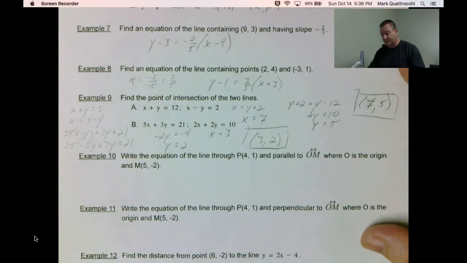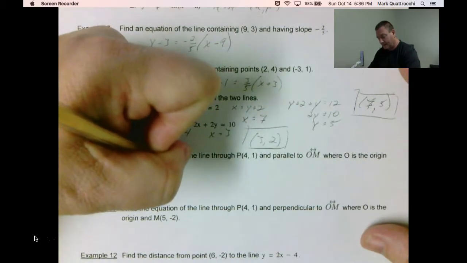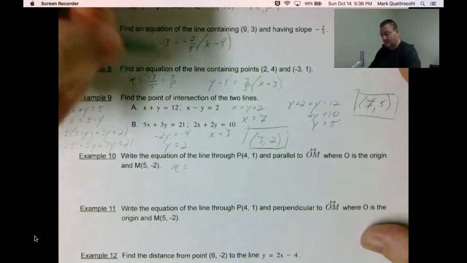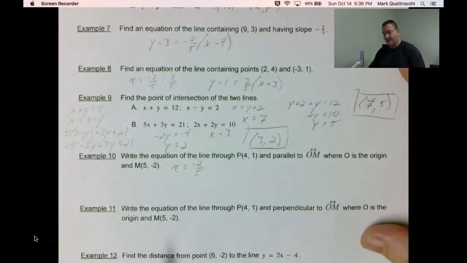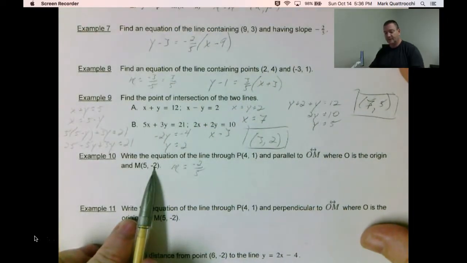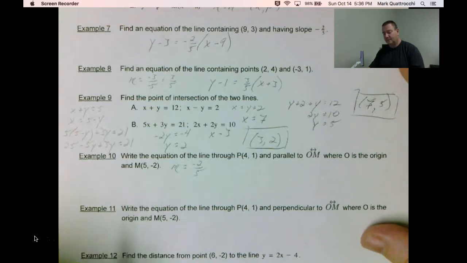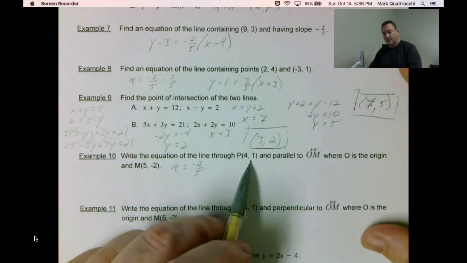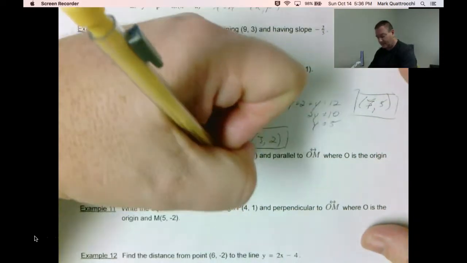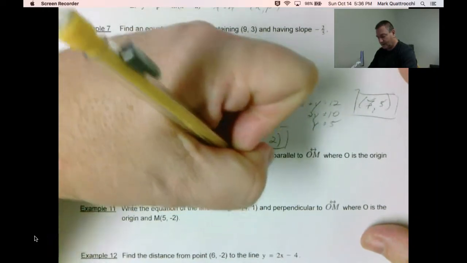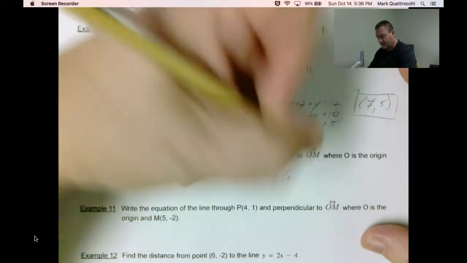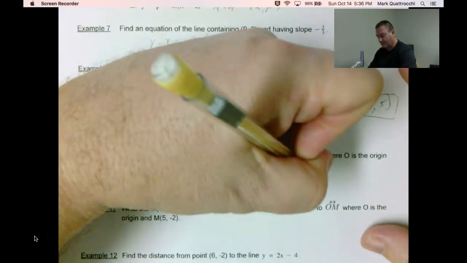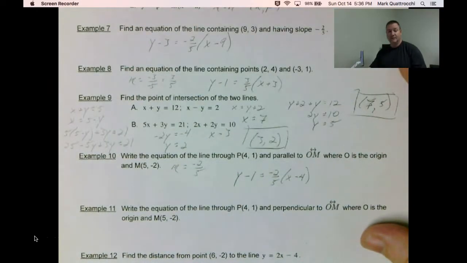So let's find the slope of OM. Origin slope is going to be -2 over 5: (-2 minus 0) over (5 minus 0). So that's my slope. It's got to go through this point. So now we have y minus 1 equals -2/5 (x minus 4). And there's example 10.